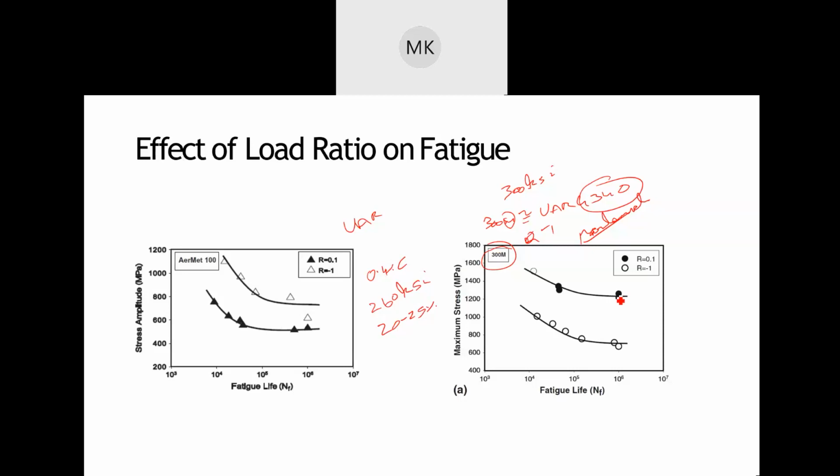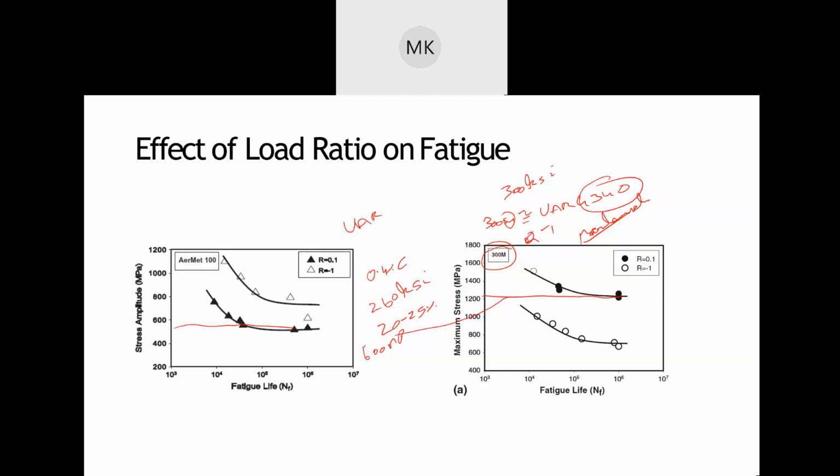Even though you see here the endurance limit is way higher, 1200 MPa over here, the materials over here are going to be way lower at 650, 550, or 600. So it is half of what is shown over here. That's the major difference between the two.